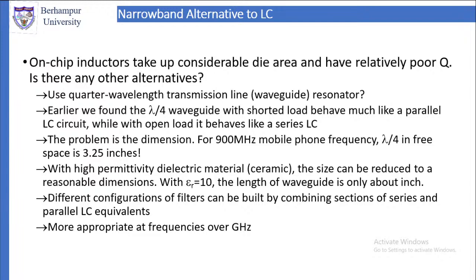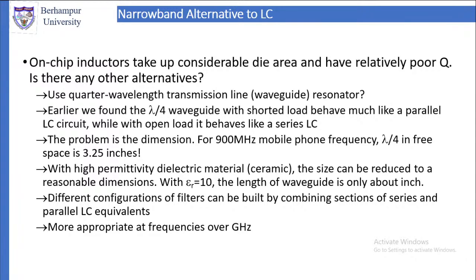That is one alternative. Earlier we have seen that a quarter wavelength line with shorted load behaves much like a parallel LC circuit, while with open load it behaves like a series LC circuit. The only problem with this is the dimension.